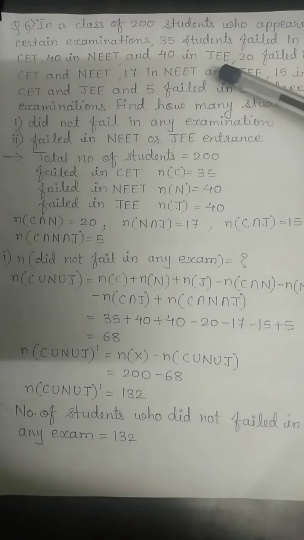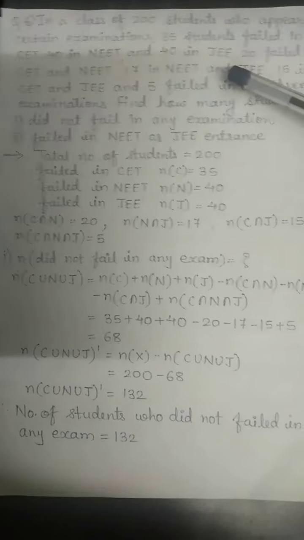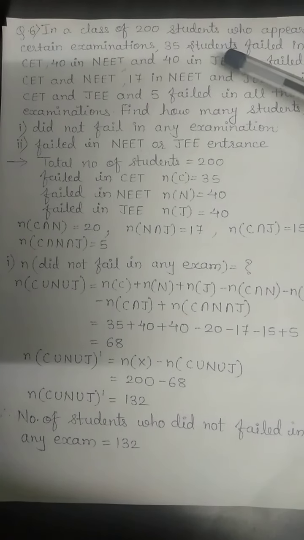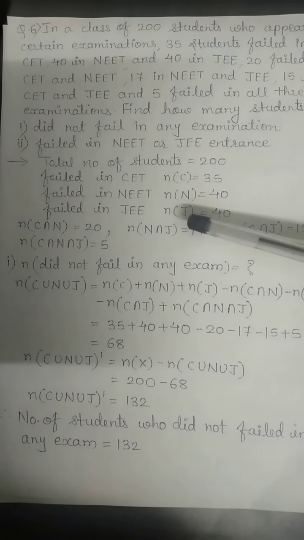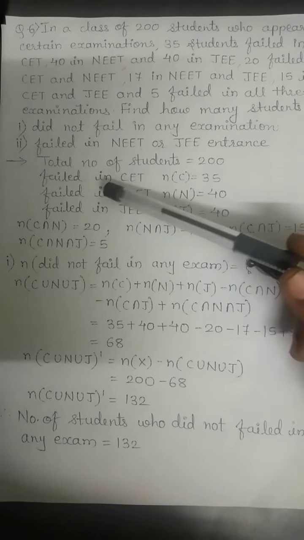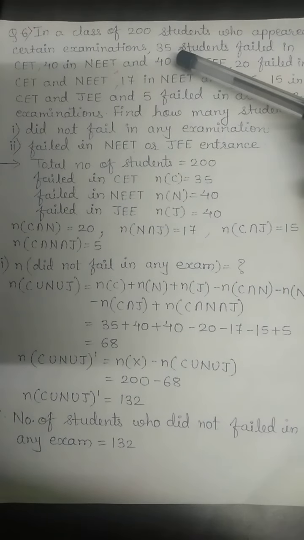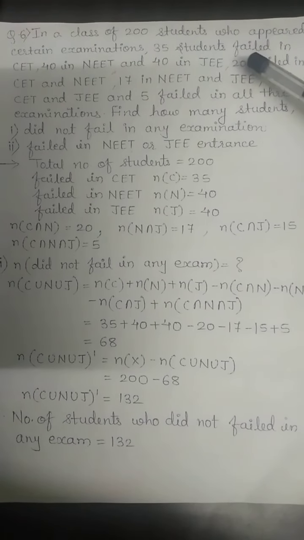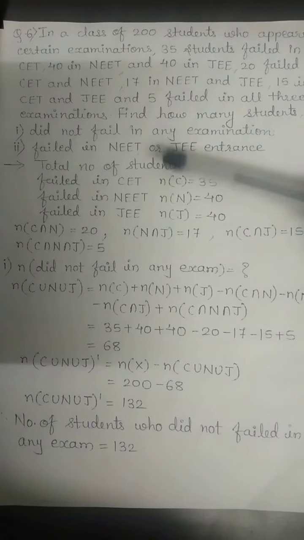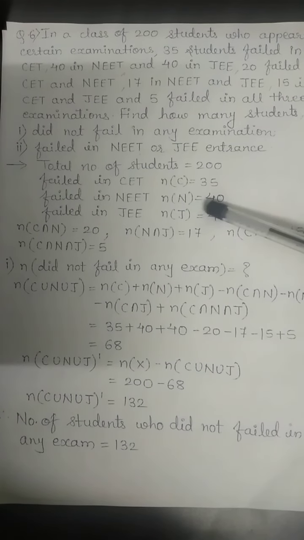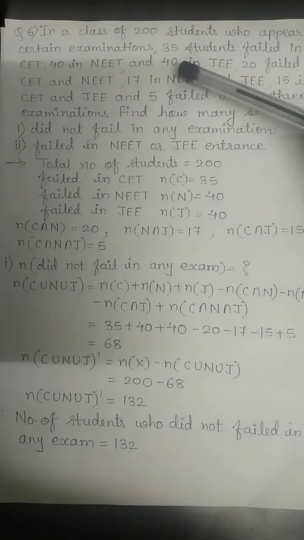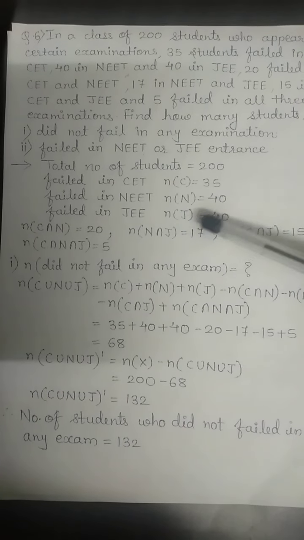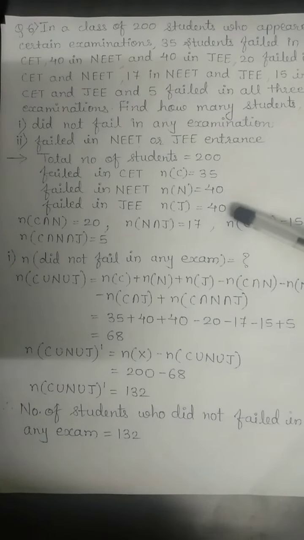Now for CET we will consider the alphabet C, for NEET we will consider the alphabet N, and for JEE we will consider the alphabet J. The students who fail in CET is equal to 35, so the number of elements present in C is 35. Students who fail in NEET is 40, so the number of elements in N is 40. And the students who fail in JEE is 40, so the number of elements present in the set J is 40.